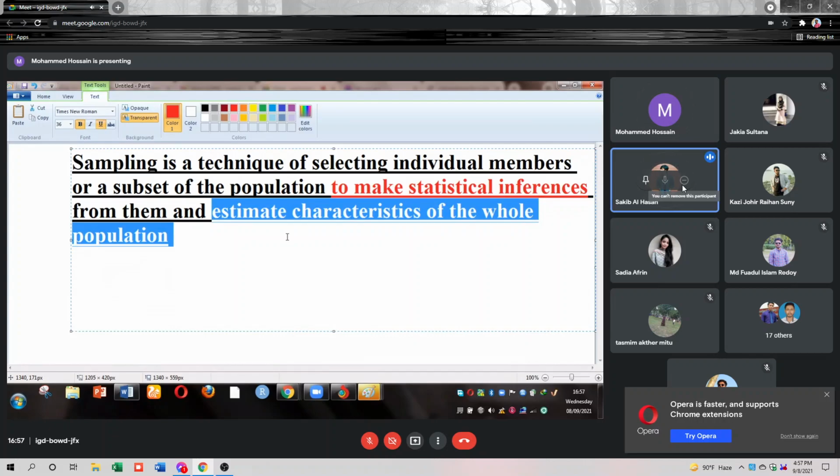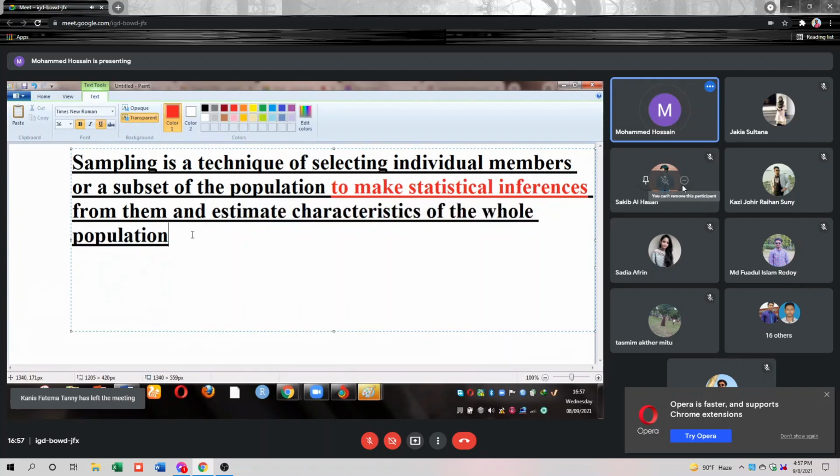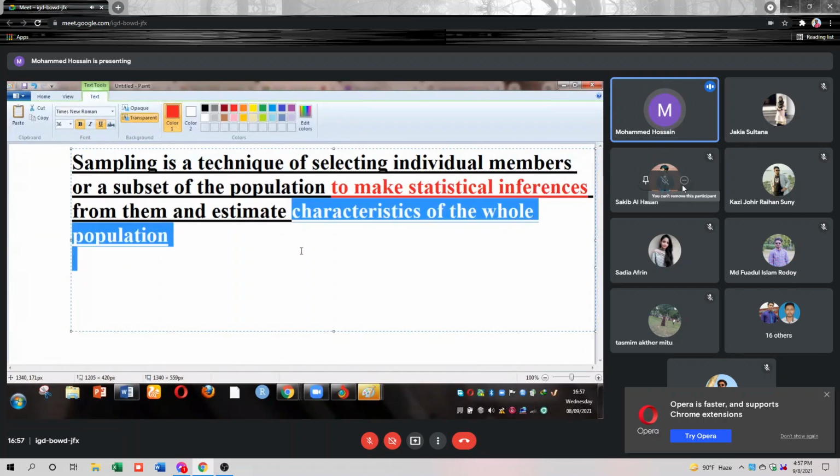Estimate characteristics of the whole population. So characteristics of the whole population means parameter. Yes or no? Characteristics of the population means what? Parameter.